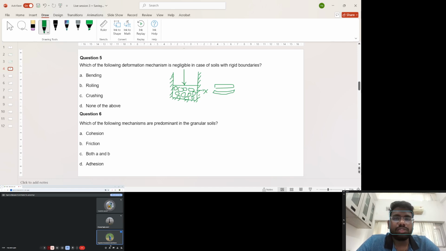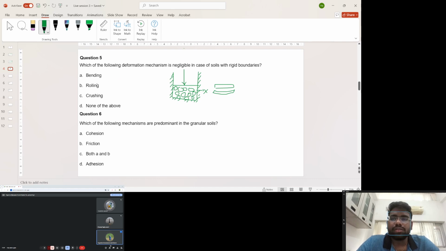And since they are not able to move laterally to accommodate the volume change, another mechanism that may prevail is crushing. The grains might crush based on the crushing strength of the grains. That will not occur in an easy manner. You will require very high stresses for the grains to get crushed completely.